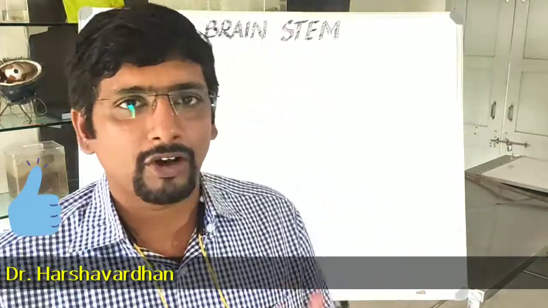Today we are going to study some other aspects of the CNS, like the brainstem. Before starting with this subject, one suggestion I have for my students is to never go into neuroanatomy in depth initially without having comprehensive or at least very brief knowledge about the general arrangement of the CNS.